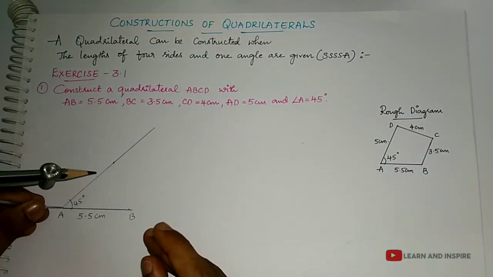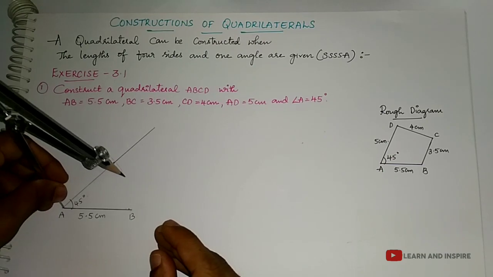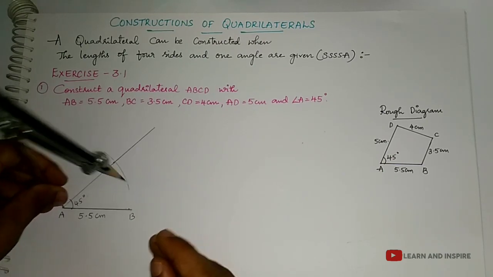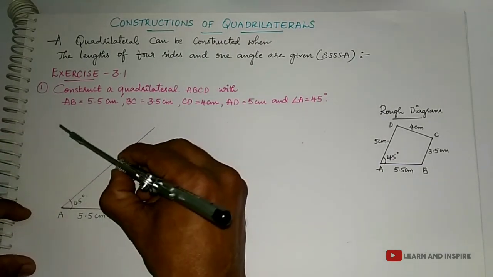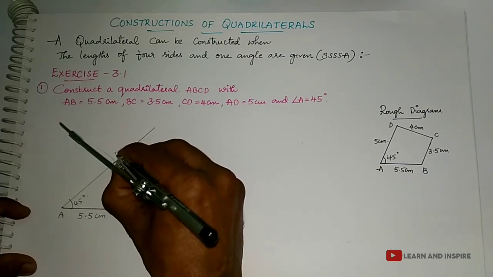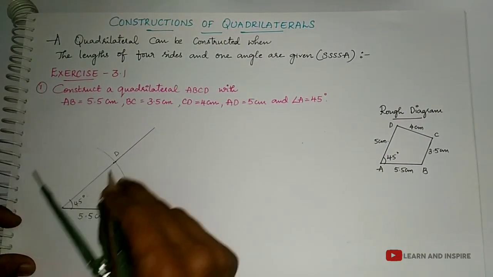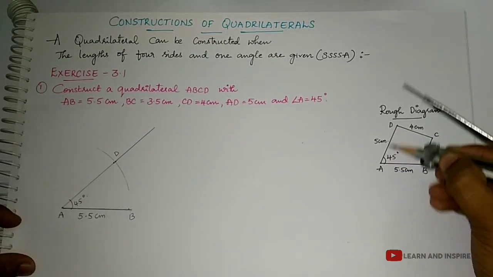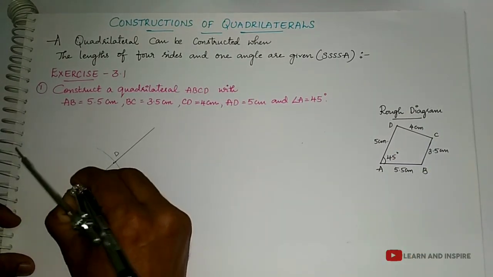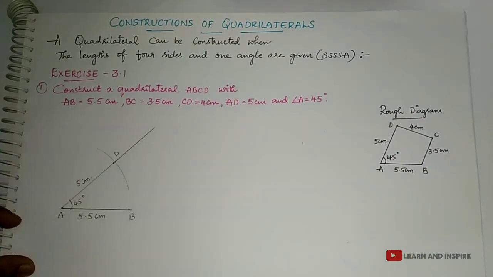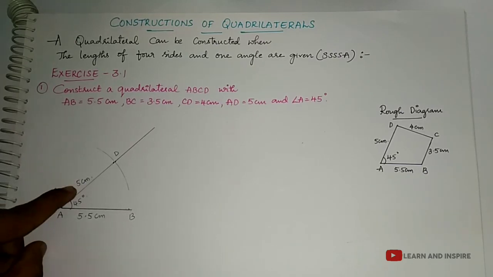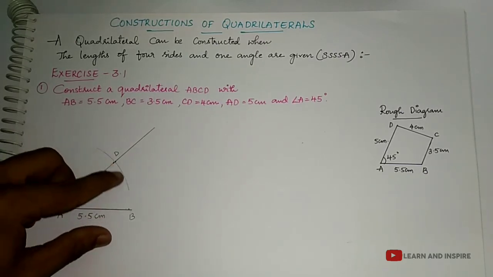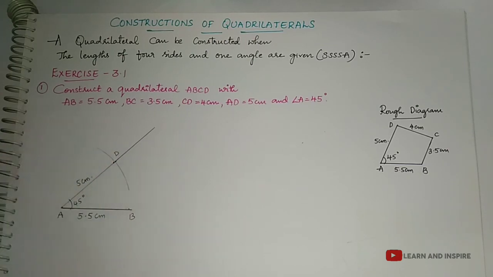With A as center, I draw an arc and name this point D. Now, line segment AD equals 5 centimeters. So step 3: with A as center and radius 5 centimeters, draw an arc and name this point D.